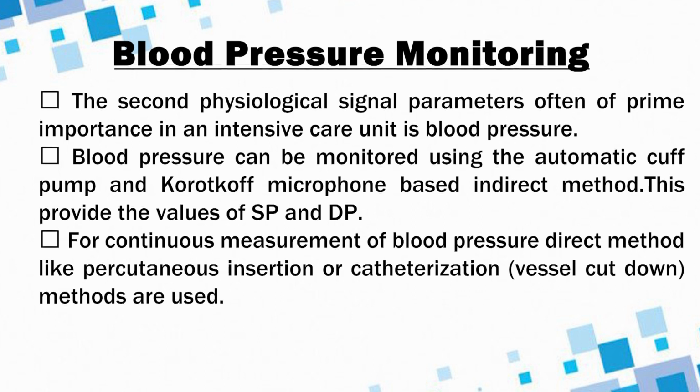Generally, the oscillometric method is used by the manufacturer, where systolic pressure and diastolic pressure values can be monitored by the indirect method. For continuous measurement of blood pressure, direct methods like percutaneous insertion or catheterization, that is vessel cut down methods, are used.